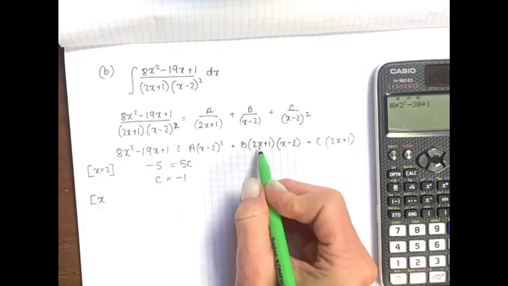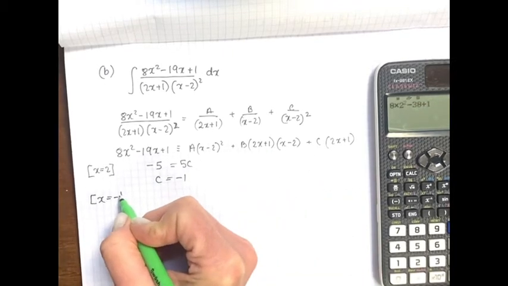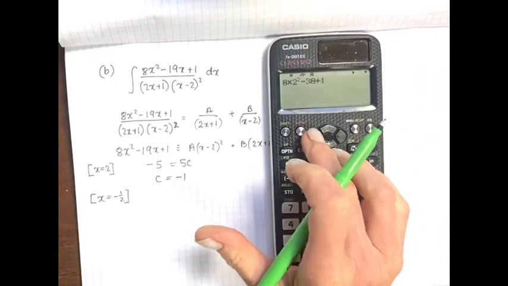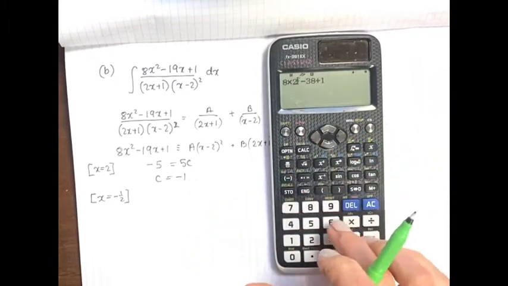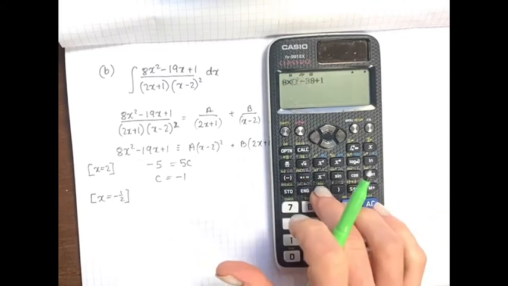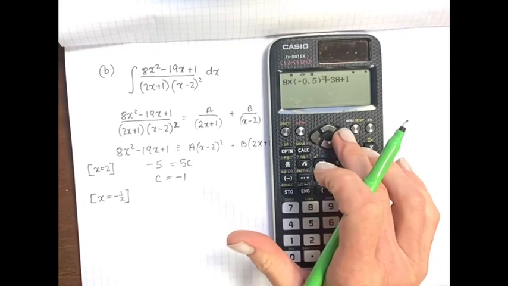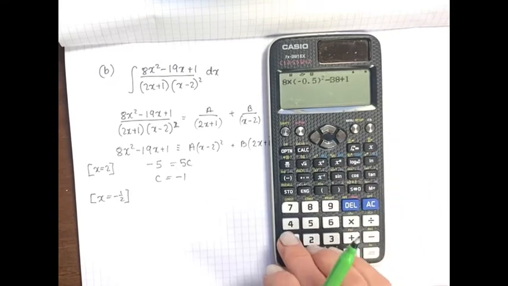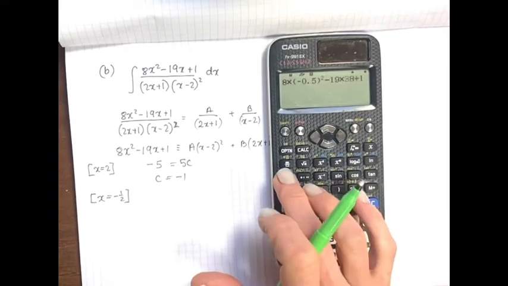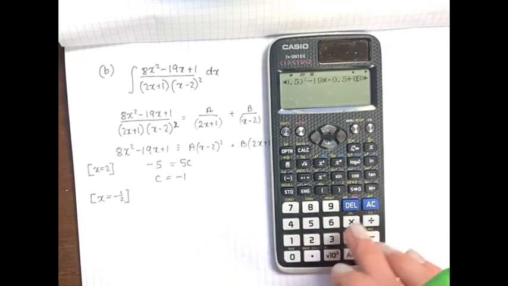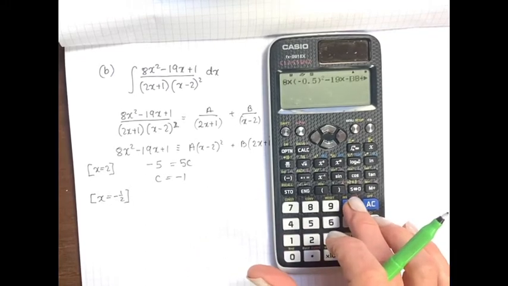Let's put x equals to minus a half. So you will have minus 0.5 squared, and this one is going to be minus 19 times minus 0.5, and then we've got plus 1.